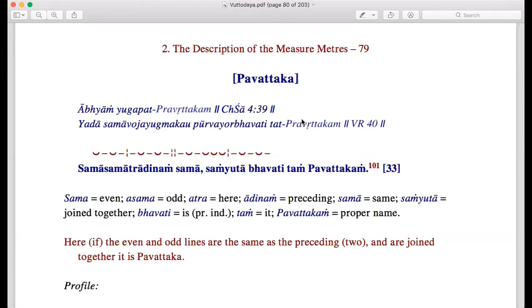So shouldn't we say something like the even line and the odd line here are the same as those of the previous verses? No, that's not how it is explained. It's explained as: the even line and odd line of the previous verses are joined together here, Bante, equally joined together.